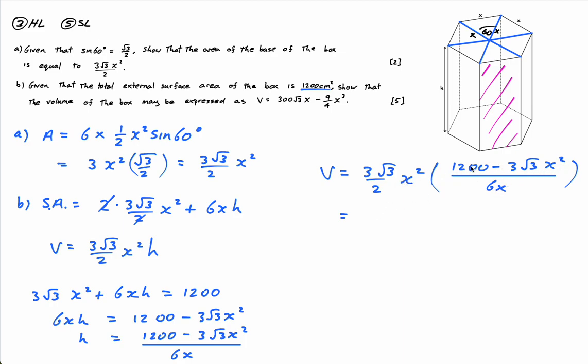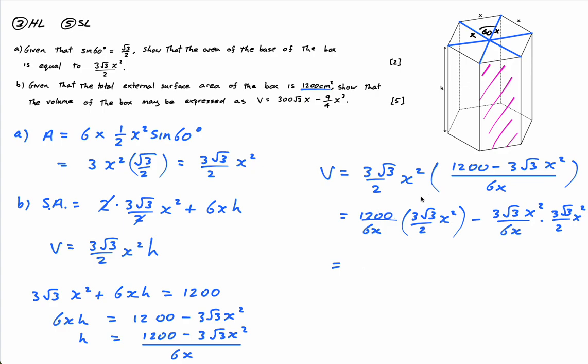So 1200 over 6x times 3 root 3 over 2 x squared. That's just this times this with the 6x. And now I'll do this times this. So it's 3 root 3 x squared over 6x times 3 root 3 over 2 x squared.